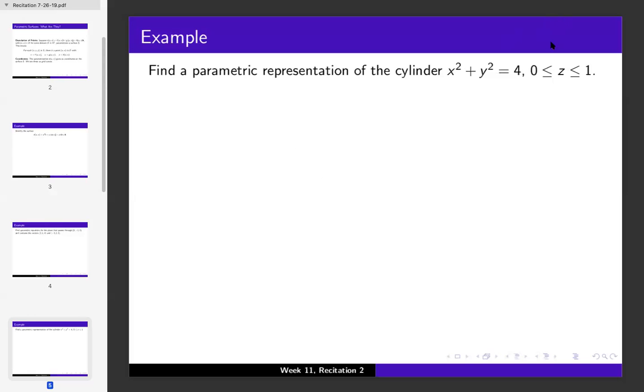Now let's try something a little bit different. What if we want to find a parametric representation of this cylinder? It's a cylinder, x squared plus y squared is 4, for values of z between 0 and 1.